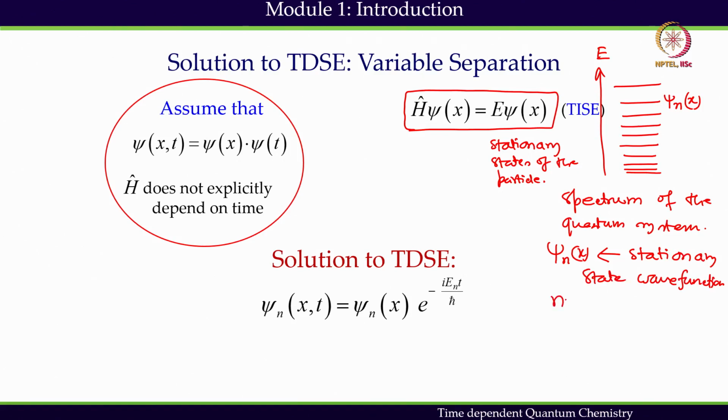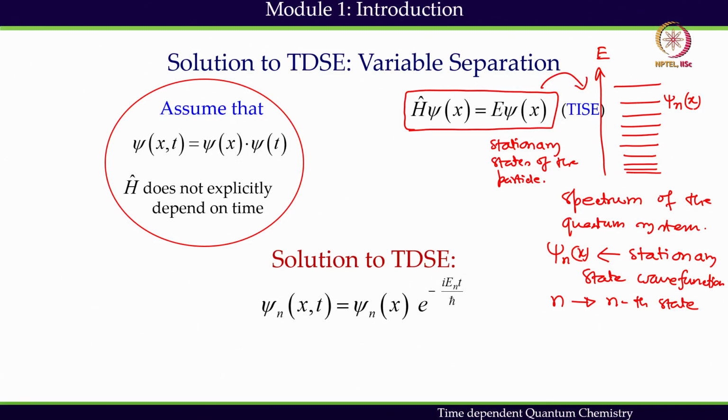And n represents the quantum state, which means the nth energy state. In chemistry, often we use this kind of energy states to express the spectrum of atoms and molecules using these stationary states, often from TISE, the time independent Schrodinger equation.